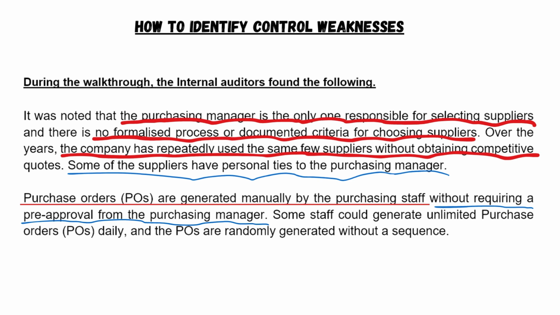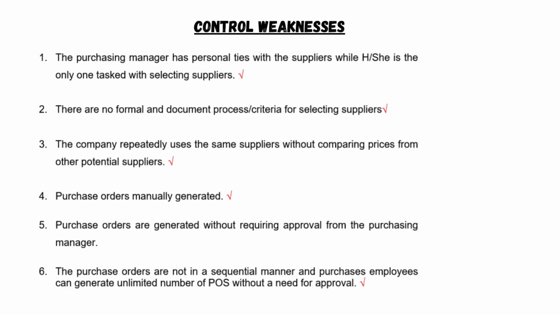Now let's go further. Another thing that you'll notice is that some staff could generate unlimited purchase orders daily, and POs are randomly generated without a sequence. That is a weakness on its own. How you can then write that weakness is that purchase orders are not in a sequential manner, and purchasing employees can generate an unlimited number of POs without needing approval.